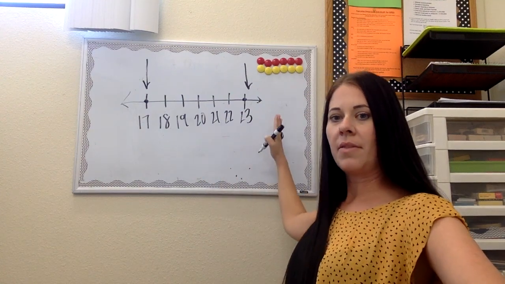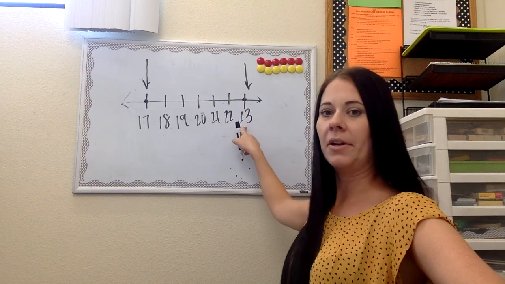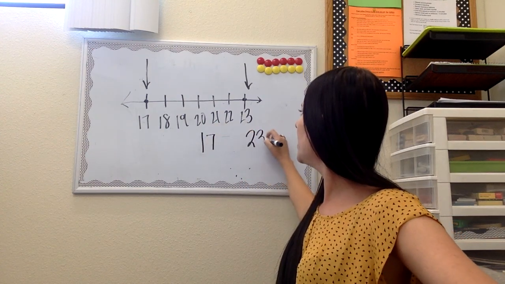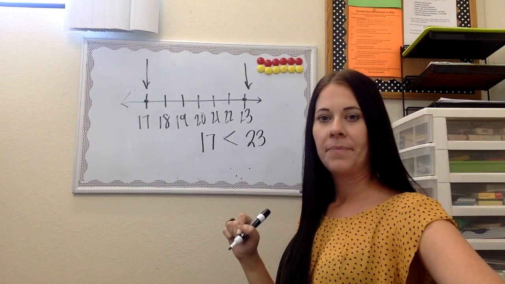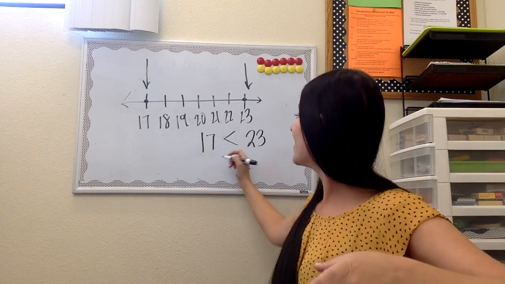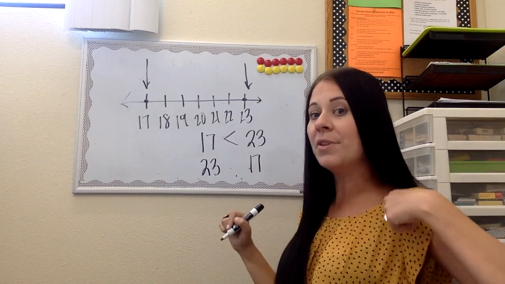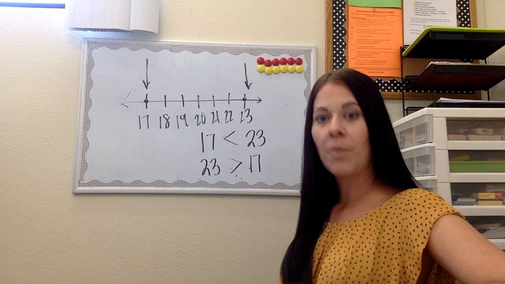Because 23 is on the right side of the number line, on the right side of 17, we know it's bigger. So when I'm comparing 17 and 23, I open my sign to the bigger number. Okay, and I point to the smaller number. Now, this is why this is good, because if I switch this, I'm not confused. I still open to the bigger number. Hopefully that makes sense.